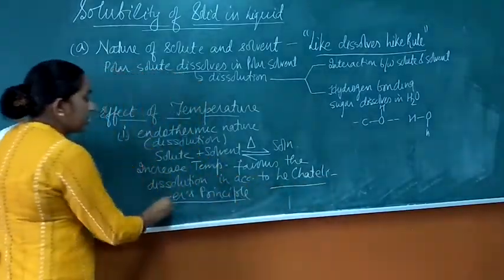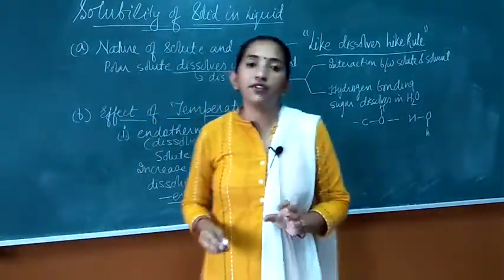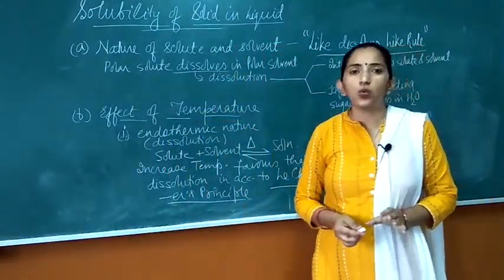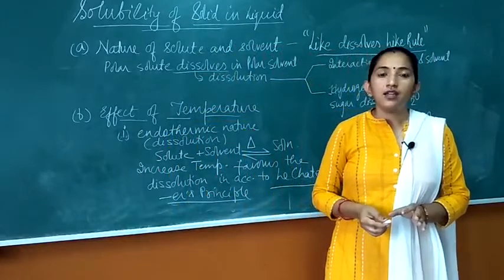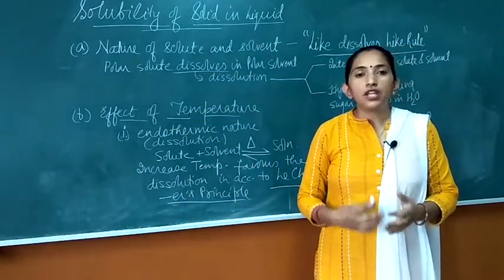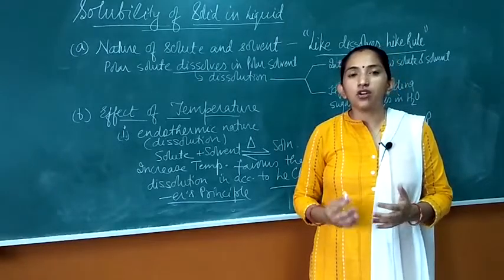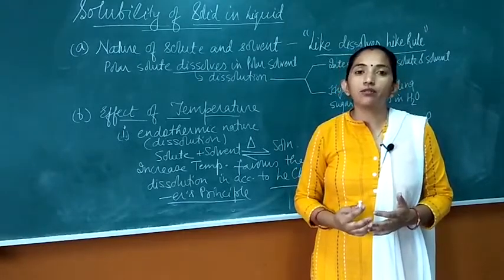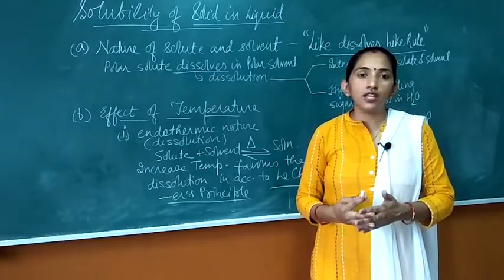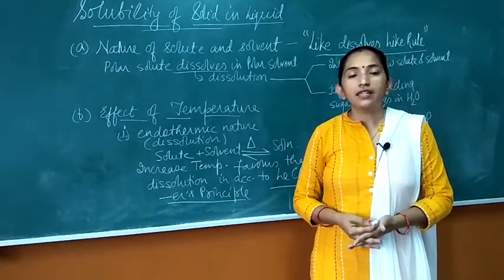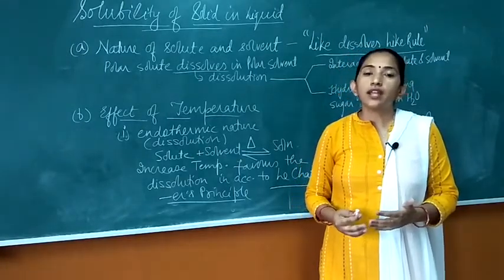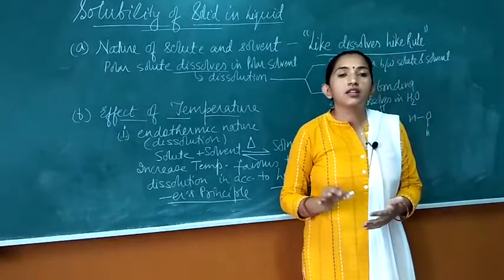In the equilibrium unit in class 11, we discussed Le Chatelier's principle. What does it state? Once an equilibrium has been attained, the temperature, pressure, concentration and volume values become constant. But if we change any of these factors, the equilibrium readjusts.